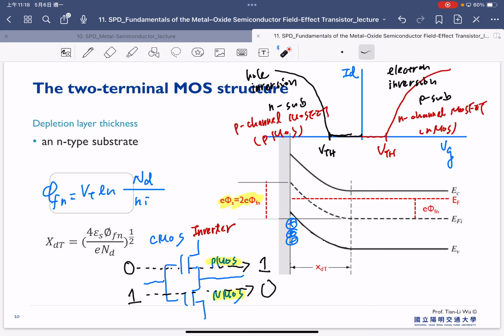Now we all know that after a certain bias, as long as the bias is large enough, the charge is mainly formed in here, and we won't have further increase of the depletion width. So we will be very curious about how this charge density is correlated to our bias, to our surface potential.